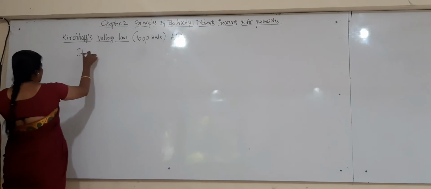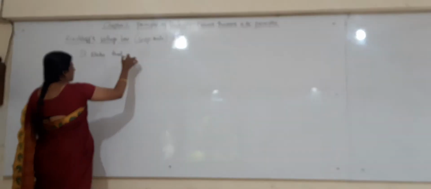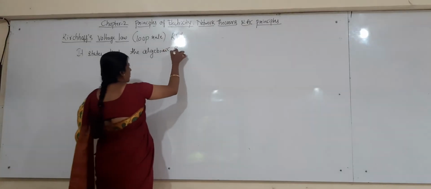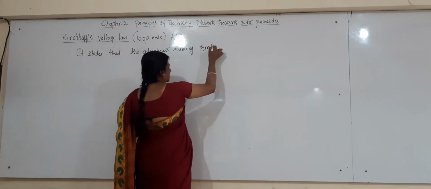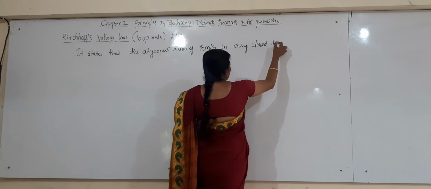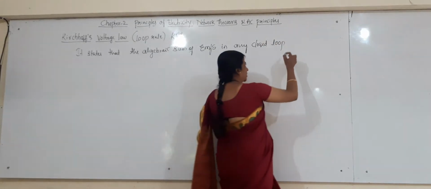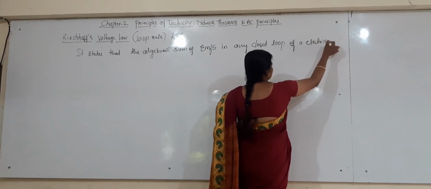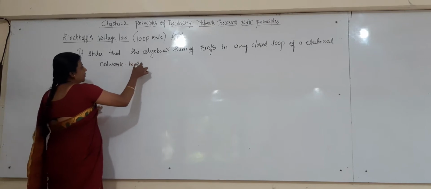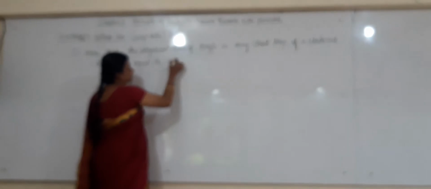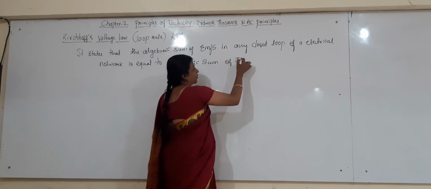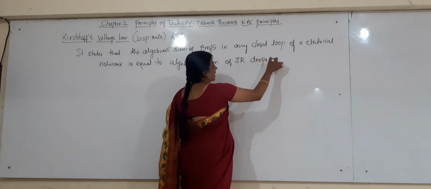Kirchhoff voltage law states that the algebraic sum of EMFs in any closed loop of an electrical network is equal to the algebraic sum of IR drops in that loop.